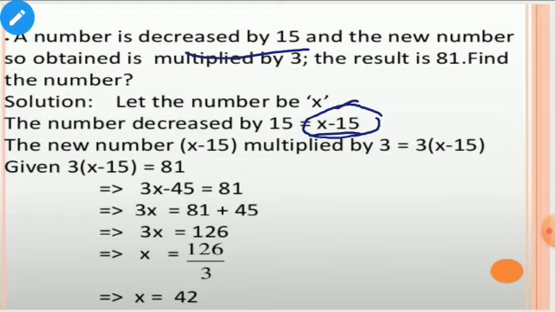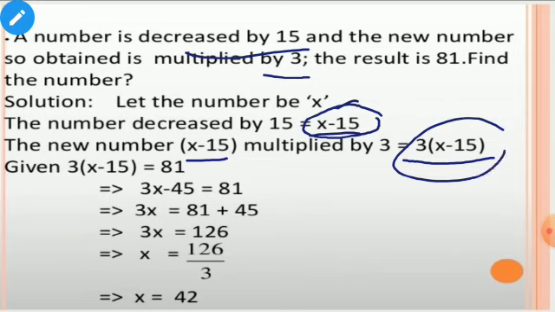Whatever the new number is, it means x minus 15 multiplied by 3. So this is multiplied by 3 and after solving this, the result is 81. So 3 multiplied by (x minus 15) gives you 81. First remove the bracket and then find out the value of x by transposing.